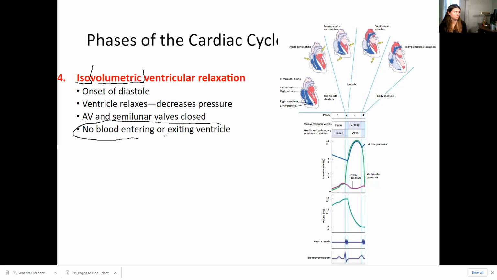There's no blood entering or exiting the ventricle. So we have the same volume of blood, but the ventricles are relaxing. So this is the beginning of diastole. We saw that the cardiac cycle started halfway through diastole, and now it's ending with the beginning of diastole.